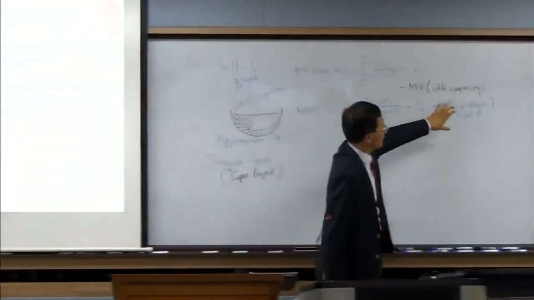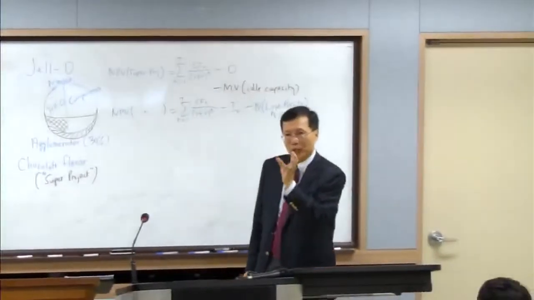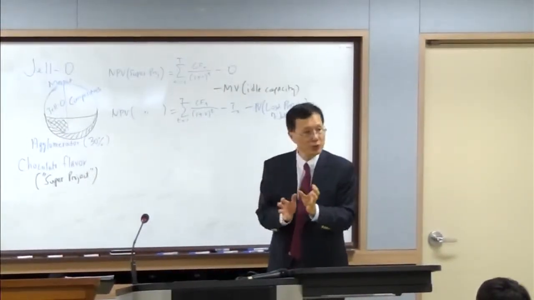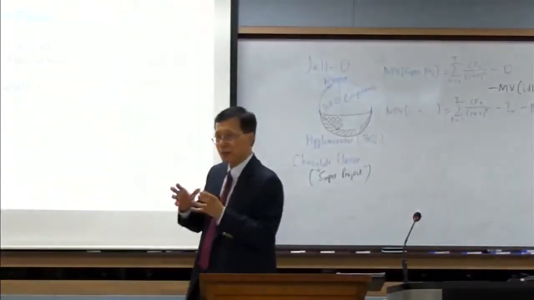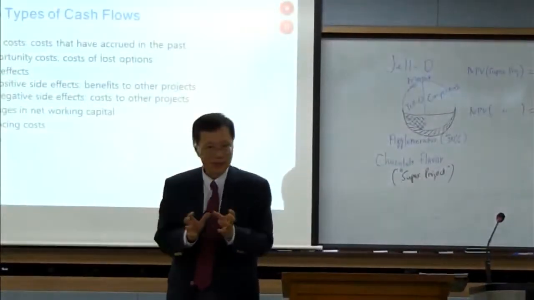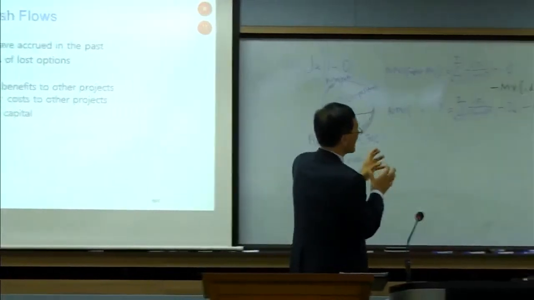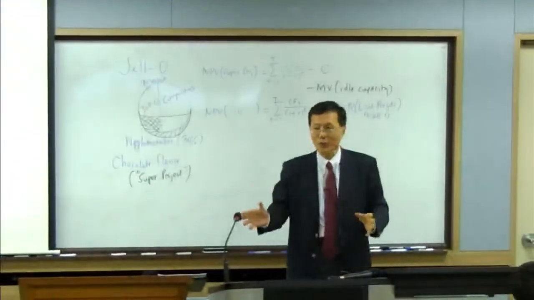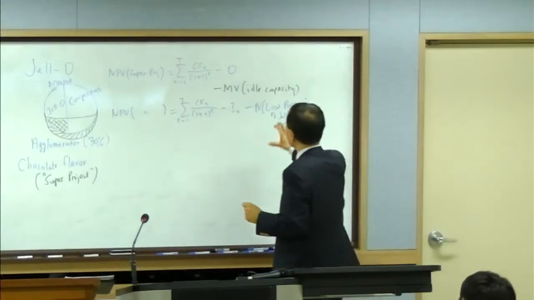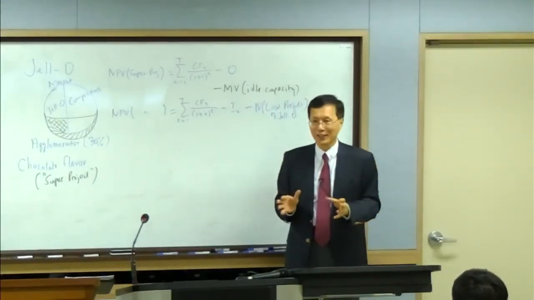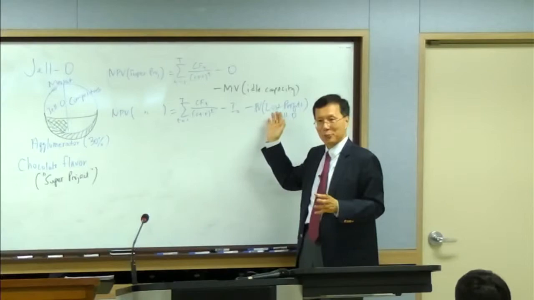And this part, the profit loss, is clearly due to the acceptance of the project. If the project is accepted, then profit margin will decrease. So it should be included, and your book very specifically states that you should include this as part of the cost.